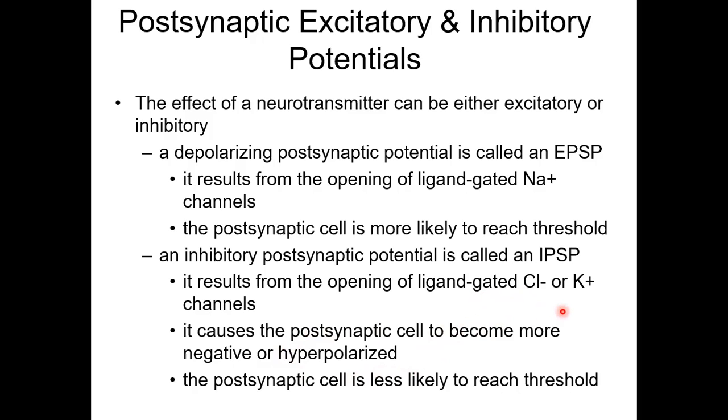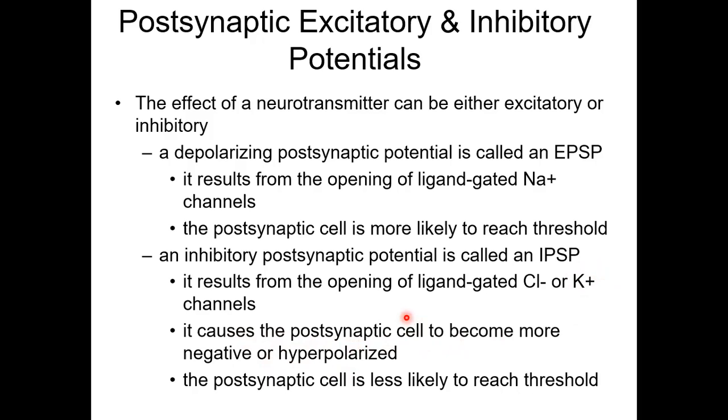If we are opening ligand-gated potassium channels, potassium ions will rush out of the cell. And again, the total charge inside the neuron will become more and more negative because we are losing positively charged potassium ions. And yet again, this postsynaptic neuron will become more negative, hyperpolarized, and the millivolt level will drop to the minus 90s.